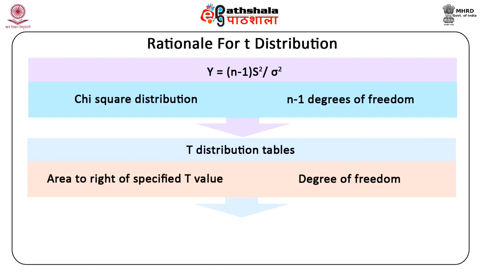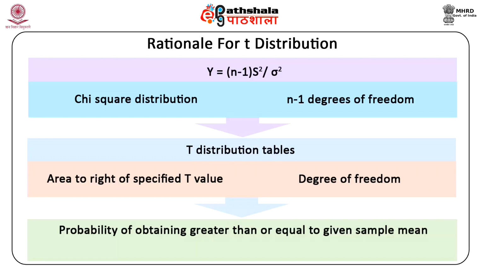Hence, for 20 degrees of freedom, the probability of getting a t value greater than 2.086 is 0.025. Using the above results, we can determine the probability of obtaining a value greater than or equal to the given sample mean when only the sample standard deviation is available. Using statistical tables, we can determine the range within which this probability lies because of limited alpha values.